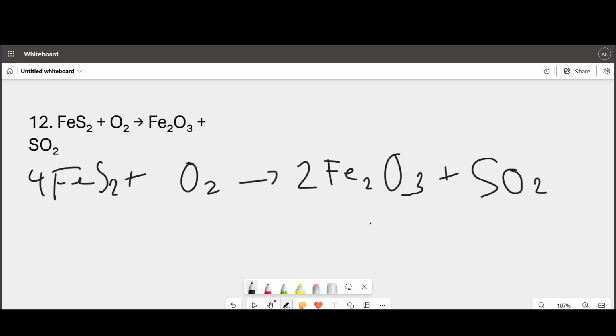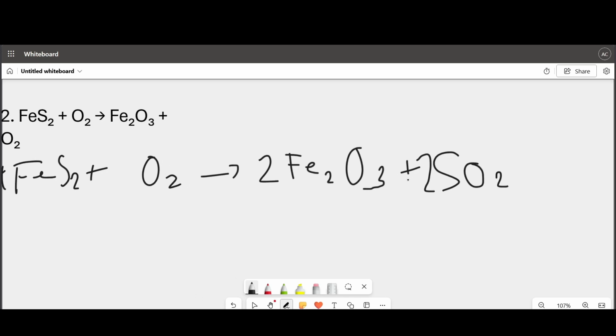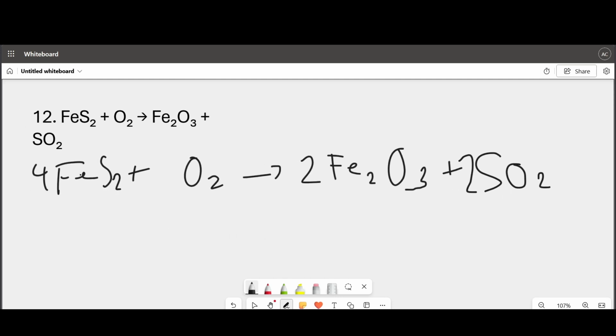Then we'll have 2 over here. That'll be 2 sulfur. Oh, no, no, no. We're gonna have 4 sulfur. No, never mind.